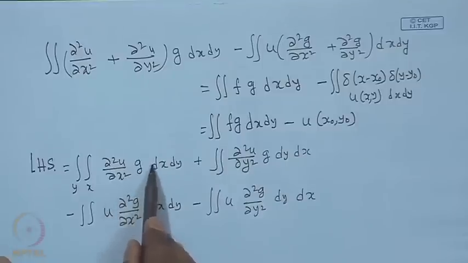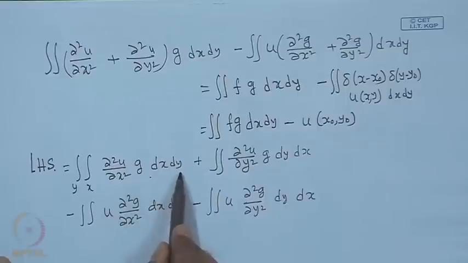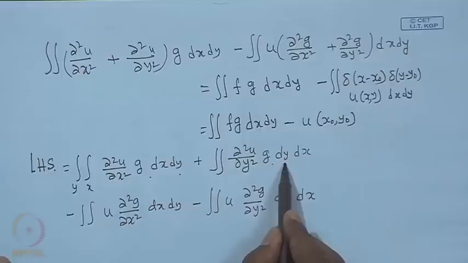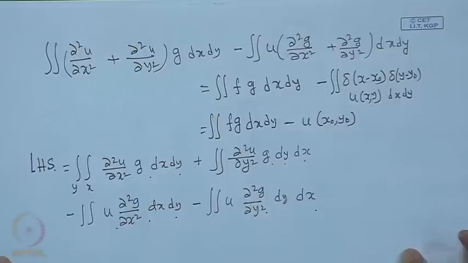In the first case, we will do the integration with respect to x first, then y; with respect to y first, then x; with respect to x first, then y; y first, then x, and see what you get.